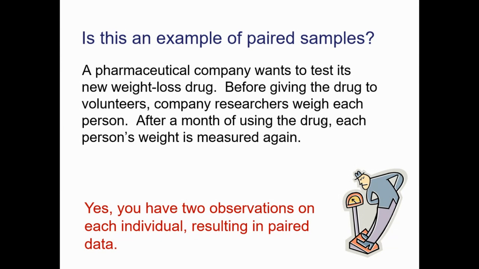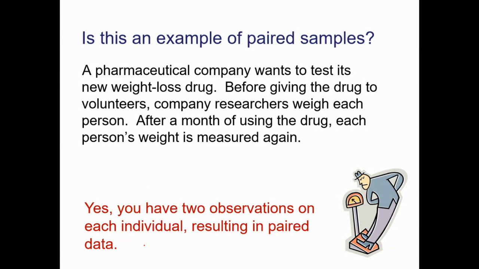So what are the pairs of this? The pairs would be the one person's weight before and after. So what they would probably do is take the after weight, sorry, let me erase it.